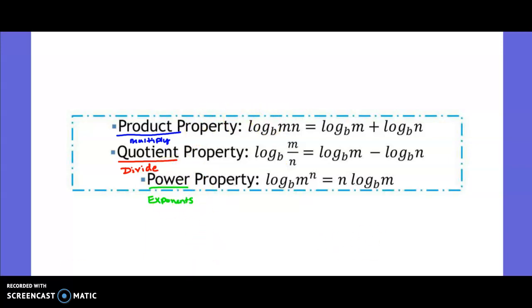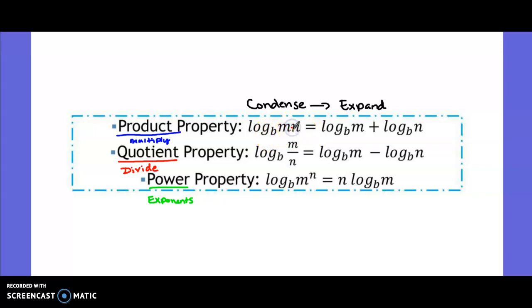These properties are for when you want to go from a condensed form to an expanded form. So we can go from condensed to expanded or from expanded to condensed here. When we are using the product property, we have one single log, base b of m times n.